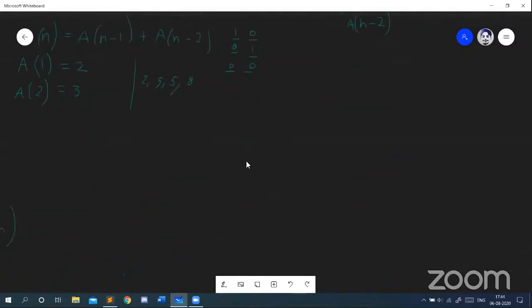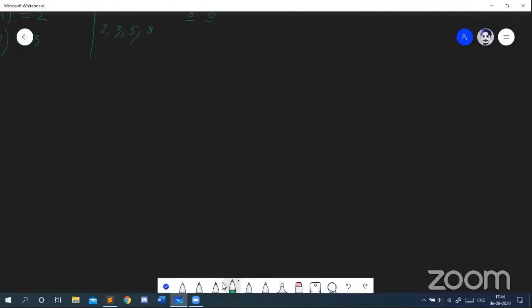In fact, I can look at the recurrence for n factorial in another way, right? You remember n factorial was nothing but the number of ways to arrange n things in a line, right?